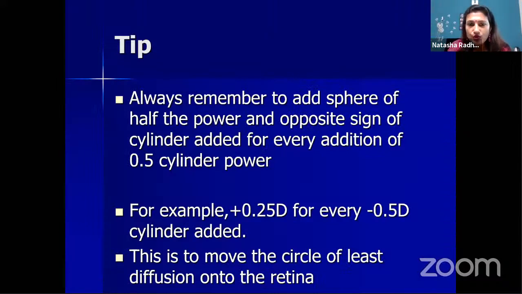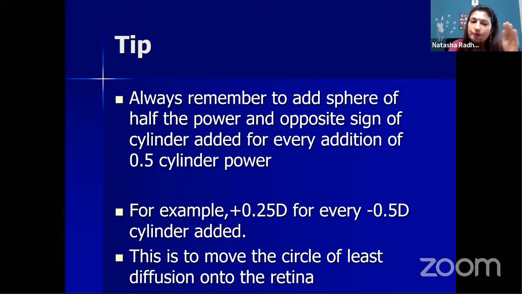And whenever you do cross cylinder testing and you are adding or decreasing the power of the cylinder, you should remember to add sphere of half the power and opposite sign of the cylinder for every addition of 0.5 cylinder power. So let us assume that you have added minus 0.5 to the cylinder power already in the trial frame. You have already a sphere sitting there.